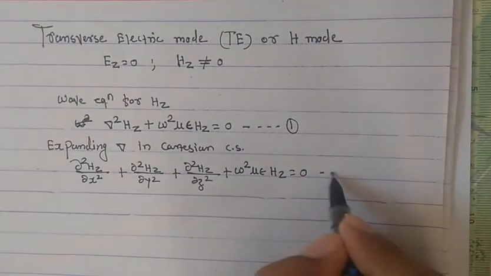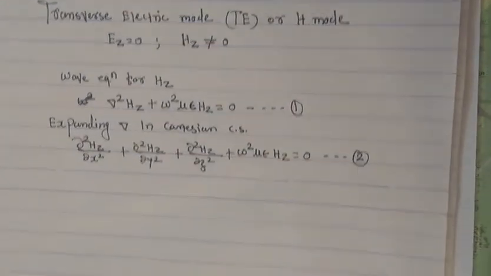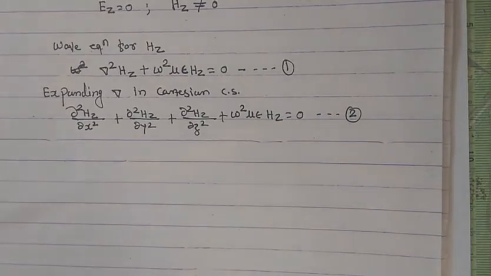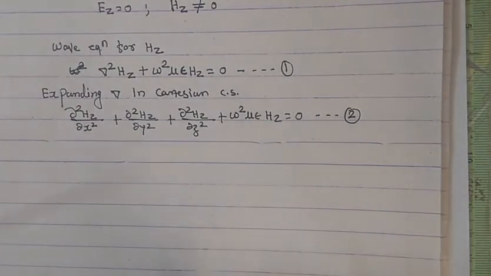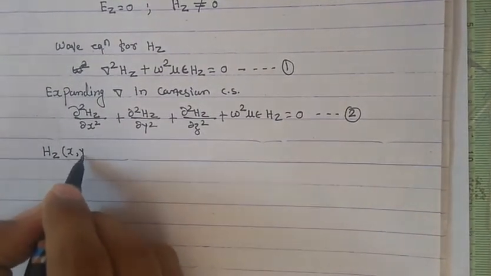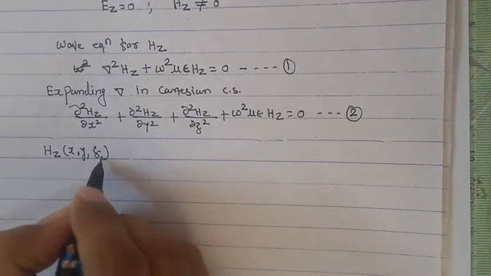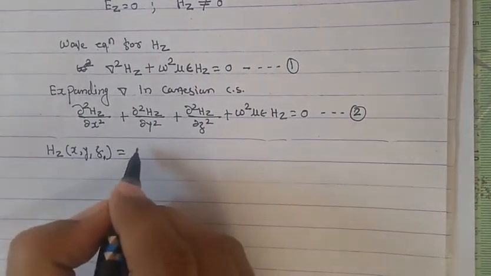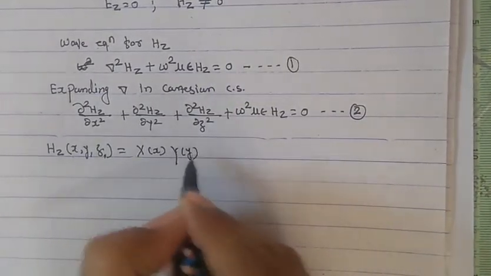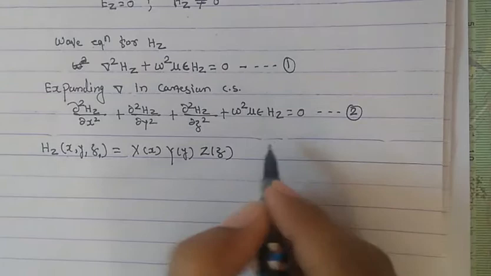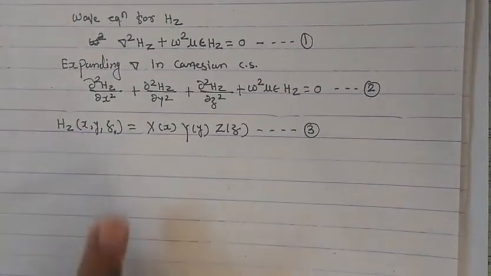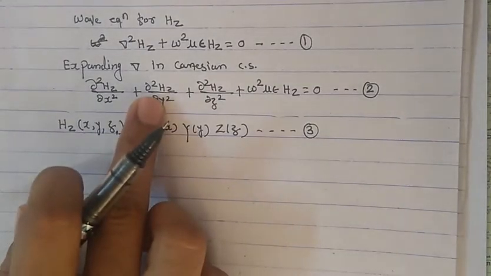Let us call this equation 2. Now we know that the solution for this can be obtained by using the method of separation of variables. So Hz is a function of x, y, z as well as t. This can be obtained by the method of separation of variables. This is equation 3.